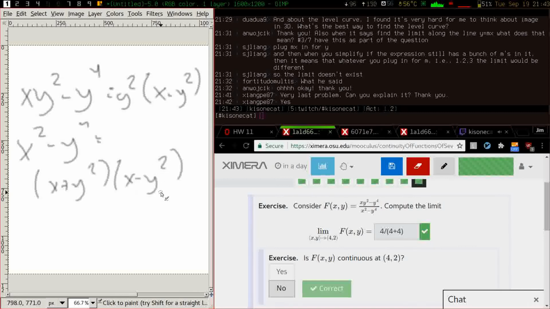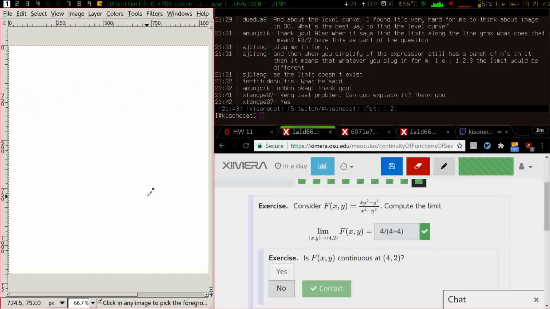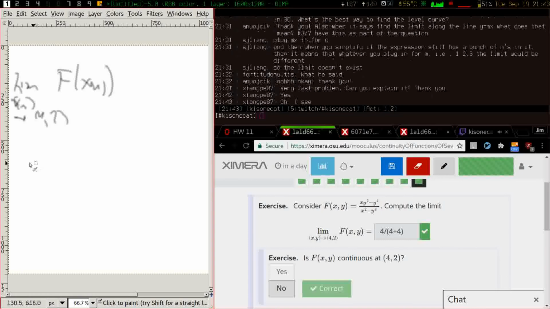And that means when you're trying to explore this limit here, you can use the fact that this factor and this factor are the same. So you can do something like this. You want to explore the limit as x, y approaches 4, 2 of f of x, y. I've written this really badly. That's the same thing. Oh, and now maybe you're less excited.